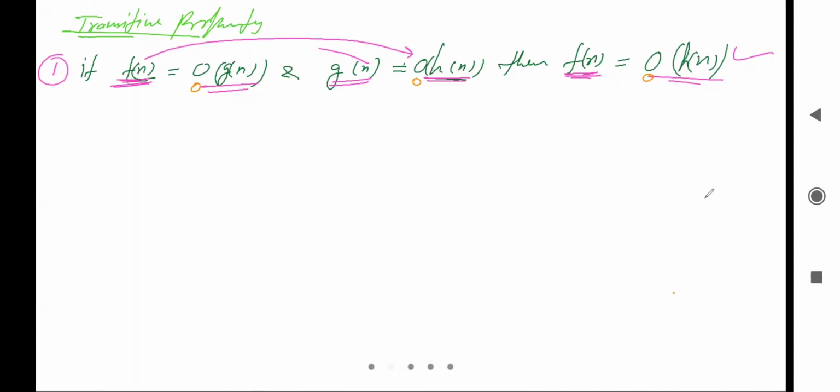Okay, let's see the behavior of small o. Small o means f of n is greater than c dot g of n, right? So this is the condition for the small o.